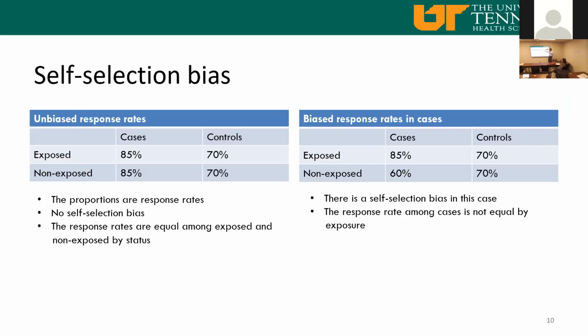That means the exposed cases responded more to the questionnaire than the non-exposed cases. This can result in a biased result. So there is a self-selection bias in this case, and the response rate among cases is not equal by exposure.